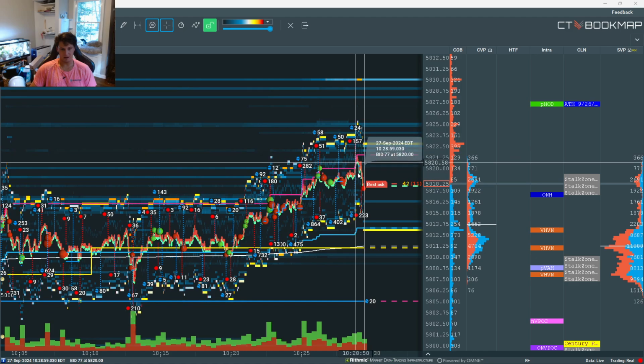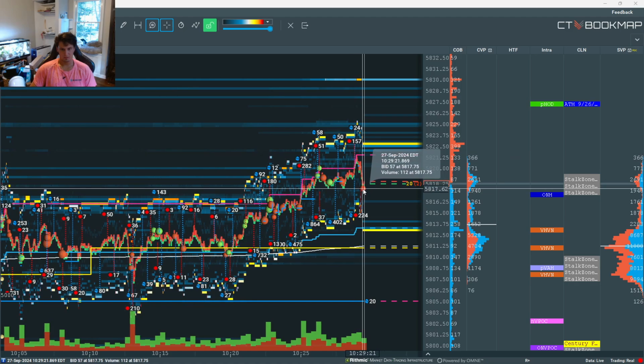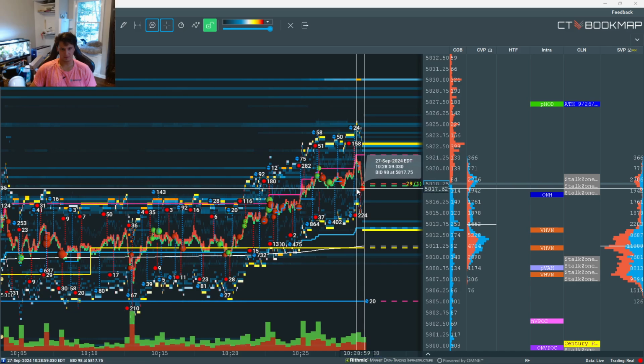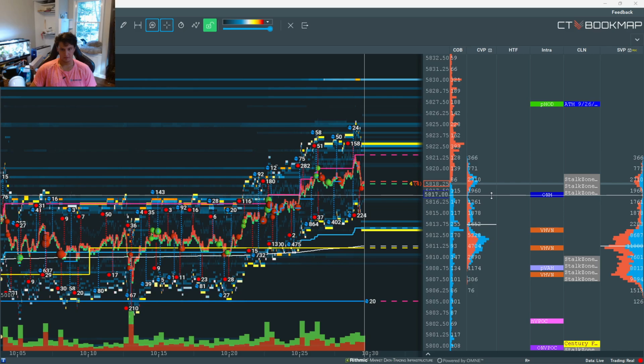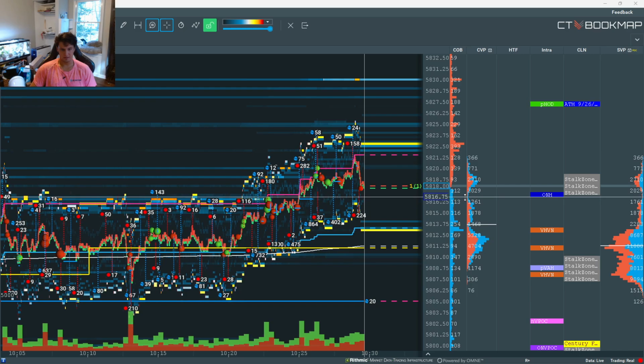We tested the high. Now we're coming into this area. It's becoming a low volume node, 16s.